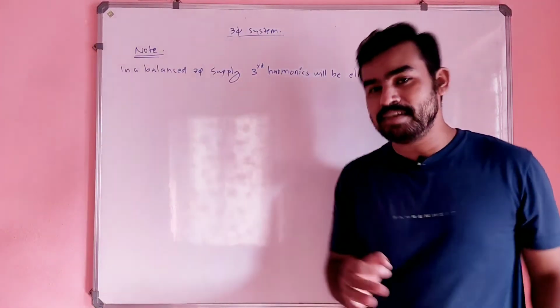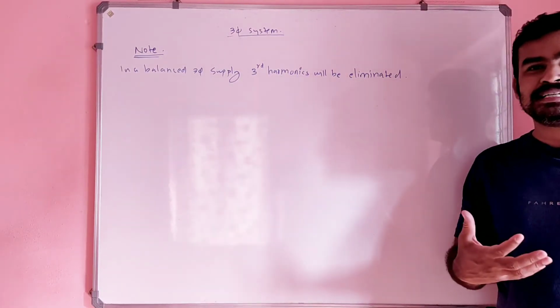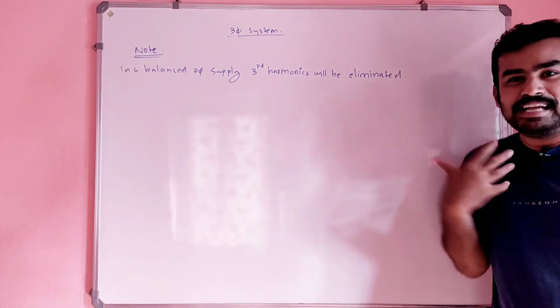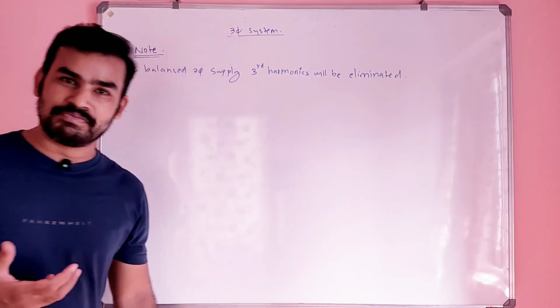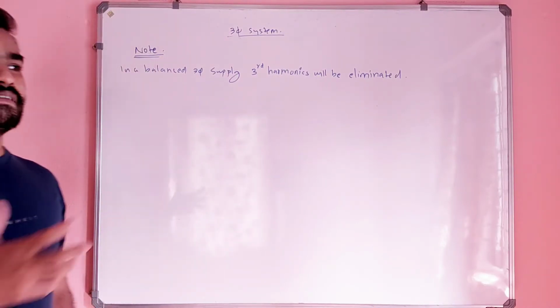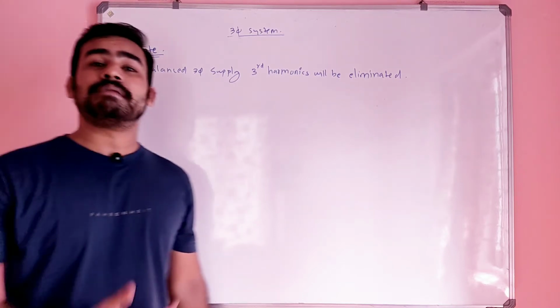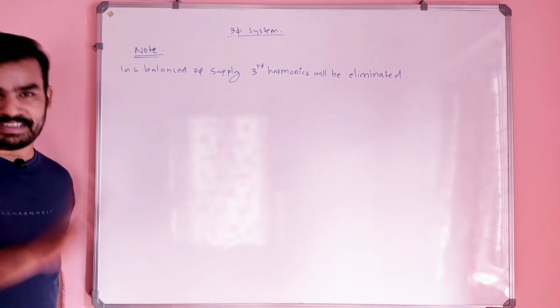Third harmonics is a very dangerous harmonic. Danger in the sense it will not harm us directly, it will not beat us or bite us, but harmonics produce loss of heat and distort the original waveform, and we will not get the expected output from a system. That is the meaning of harmonic effect.